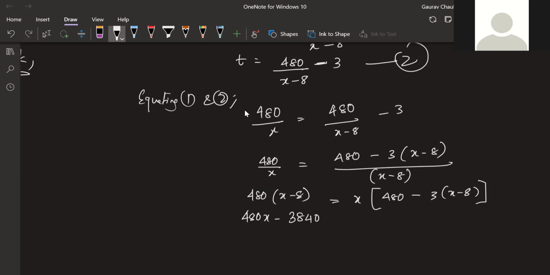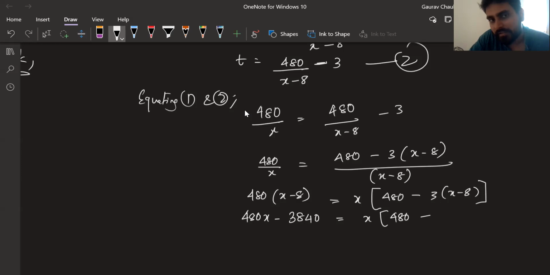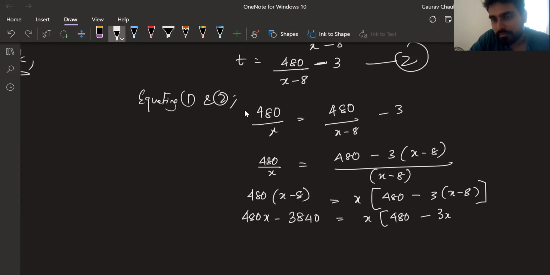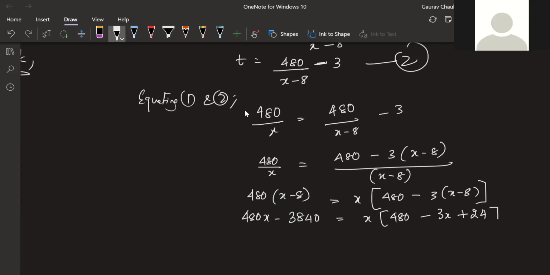3840 is equal to, we'll open this small bracket, so it will be x bracket 480 plus 3x plus 24. Plus will come first? Minus, sir. Minus 3x plus 24. Okay. Yes, sir.